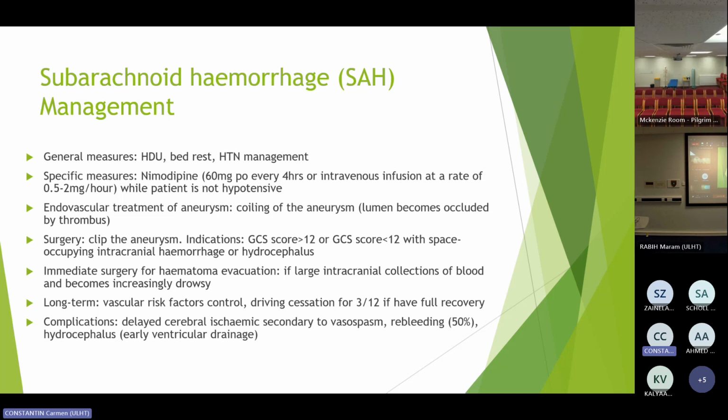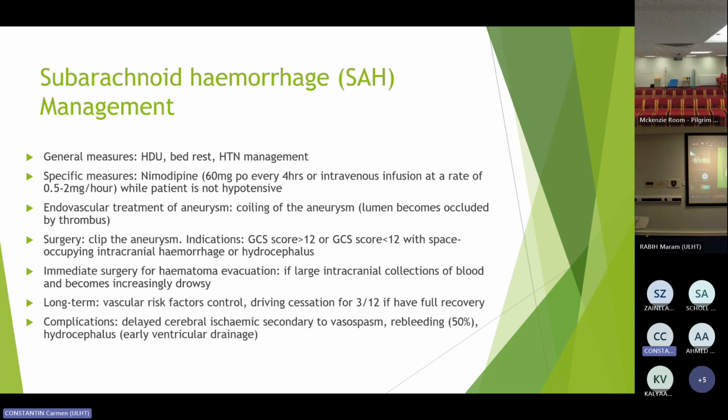Complications, most often after subarachnoid, delayed cerebral ischemic event secondary to vasospasm, and this happens generally when the clip or coil is applied endovascularly or surgically on that aneurysm, and this is when they can develop ischemic stroke due to the vasospasm, and this is when these patients are coming our way.